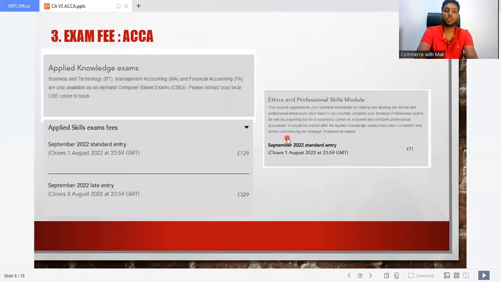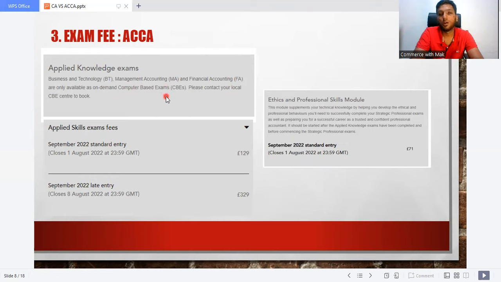Then we have this question of ACCA exams. I have divided it into a few parts for you to understand. Knowledge exams, we say, are computer-based exams. So what are computer-based exams? You are not going to write the papers. You are going to sit at a computer and do the paper. So the first knowledge module is a computer-based exam. These fees can be requested from the computer-based exam centers, most probably in Colombo, Sri Lanka.